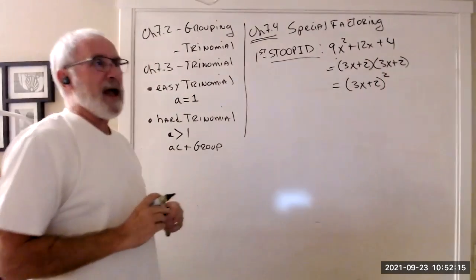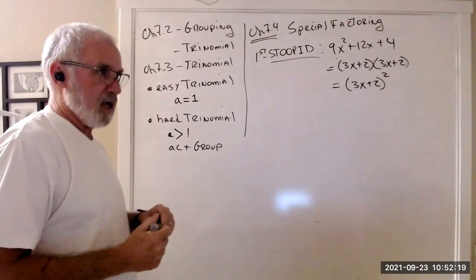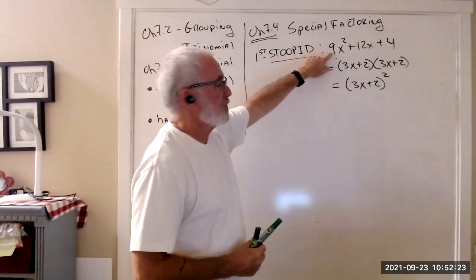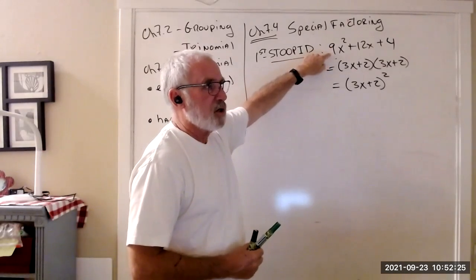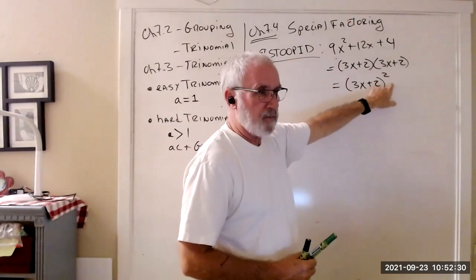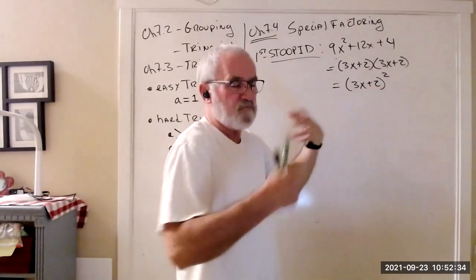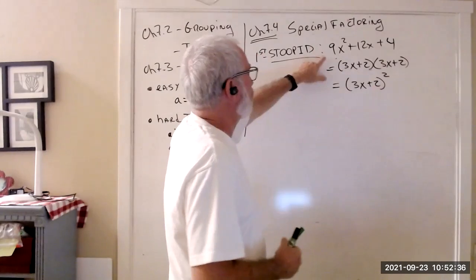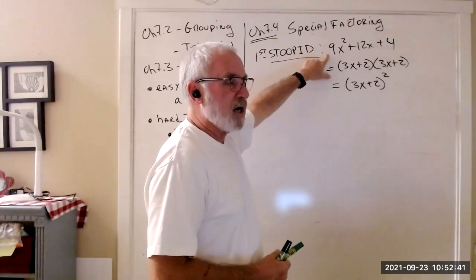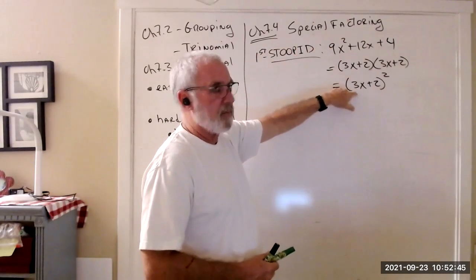Well, there's actually a formula, a pattern, a trick, whatever you want, that you can memorize that shows you that this factors into a quantity squared, if you think about it, ahead of time.